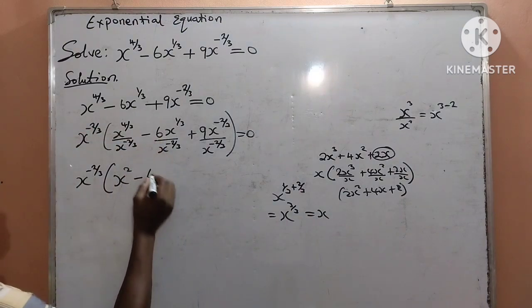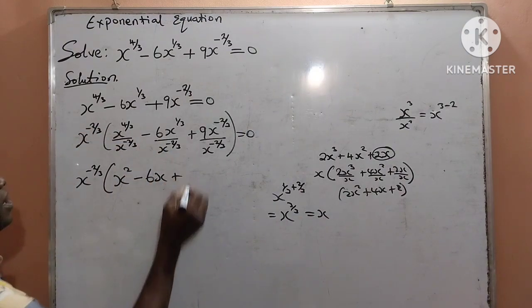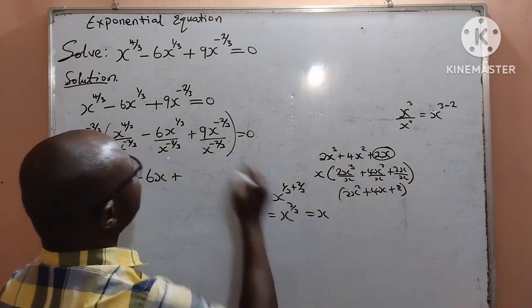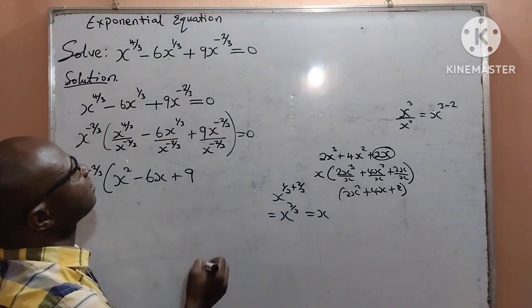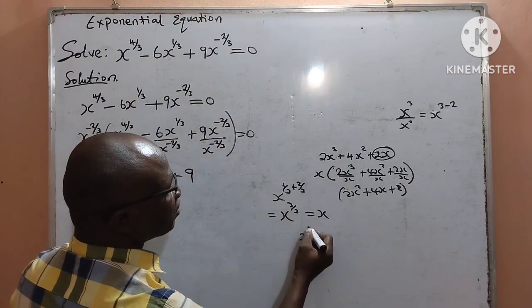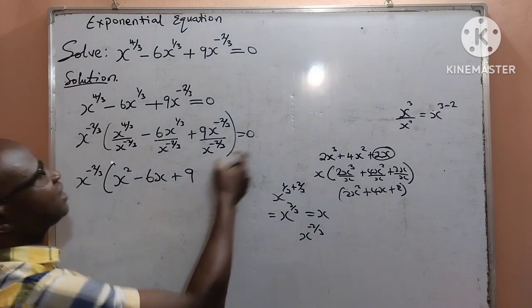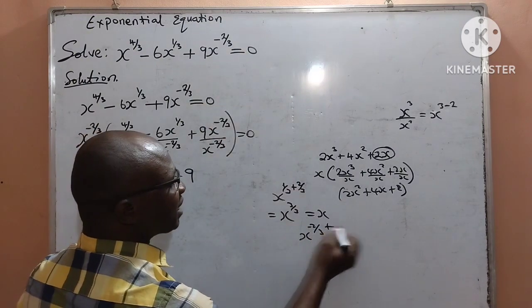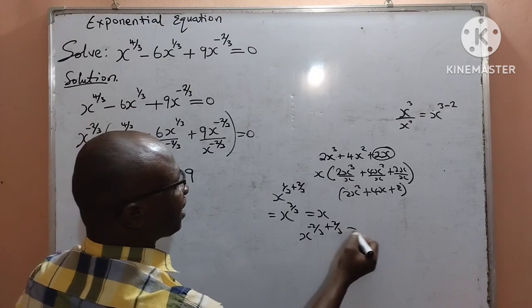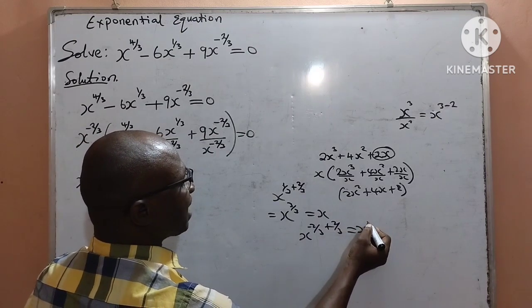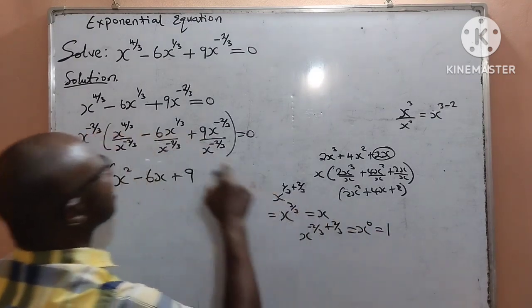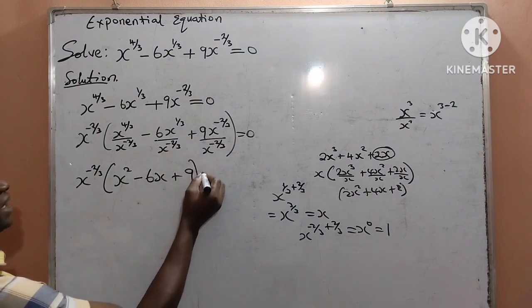So next I have 6x, plus I have here 9, then x raised to power minus 2 over 3. Then this going up will now be minus minus, which is plus 2 over 3, giving me x raised to power 0, equal to 1. And 1 times 9 will give me 9.